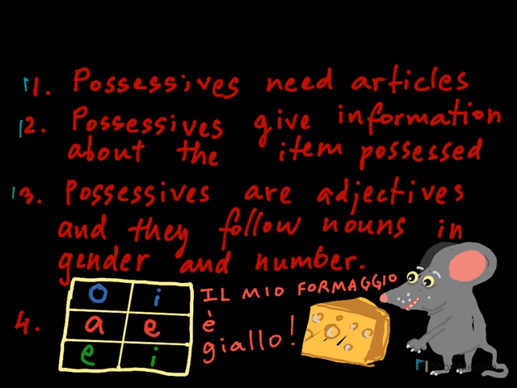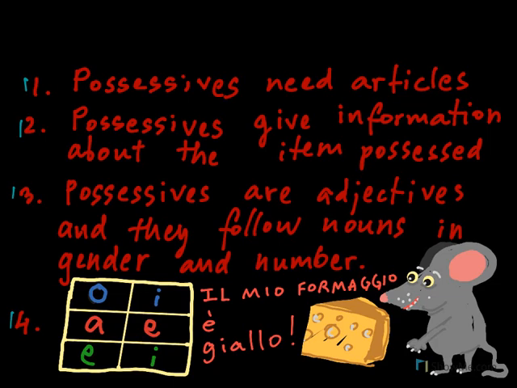Possessives are adjectives, and they follow nouns in gender and number. So if a noun is masculine, then the possessive has to be in the same gender. Finally, we learned, hopefully by heart, this little table that will help you to pluralize anything, and you will need it for the possessives.